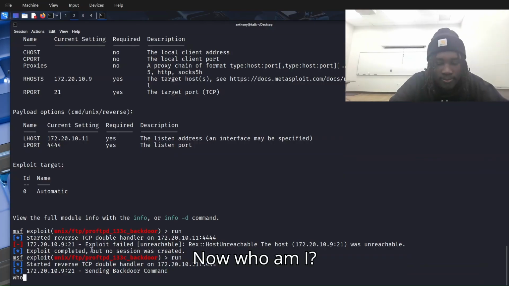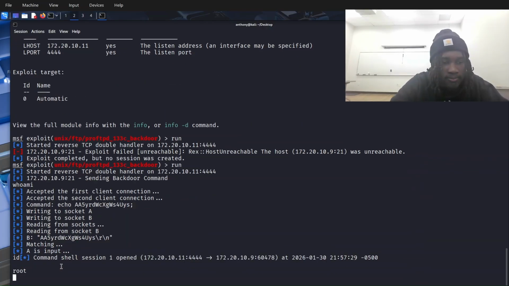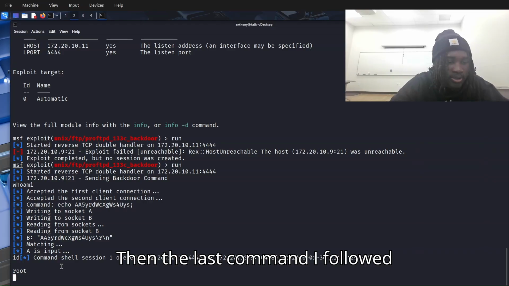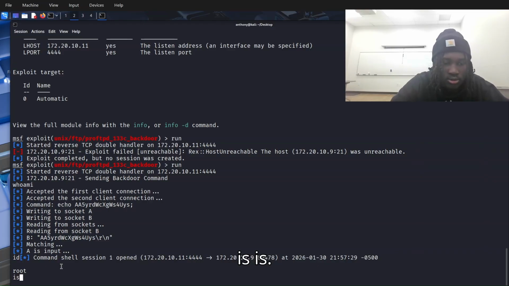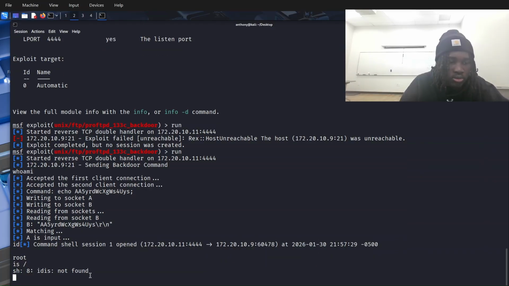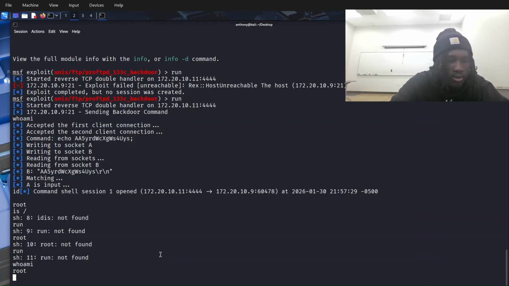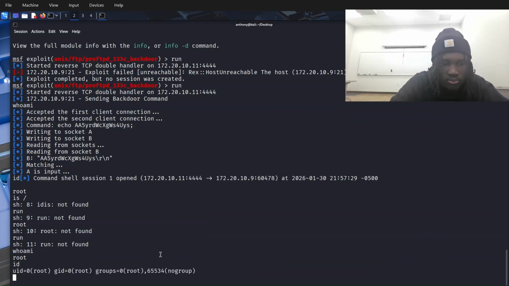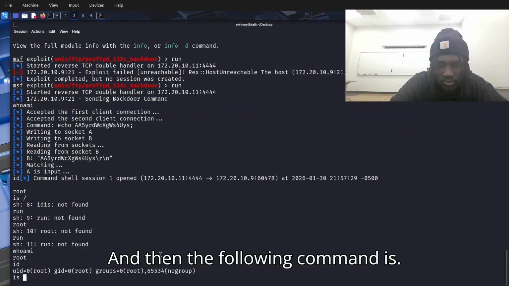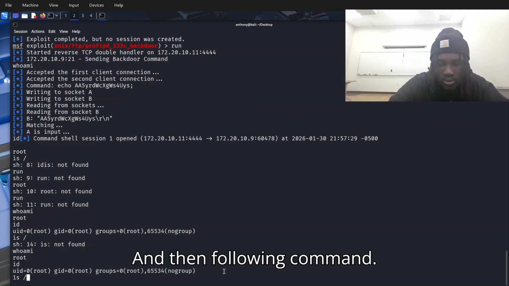Now whoami, and then I type id. Then the following command is.